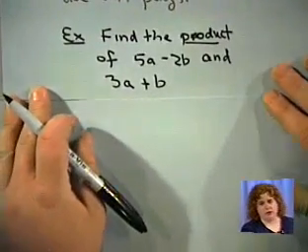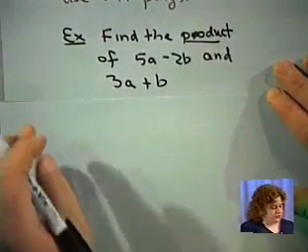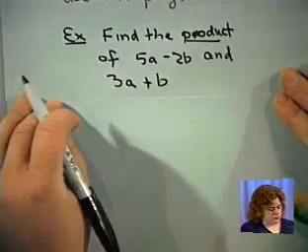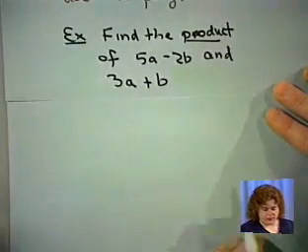Now, horizontally, we do the arrow thing. We have to keep track of grouping like terms, making sure we don't drop anything.